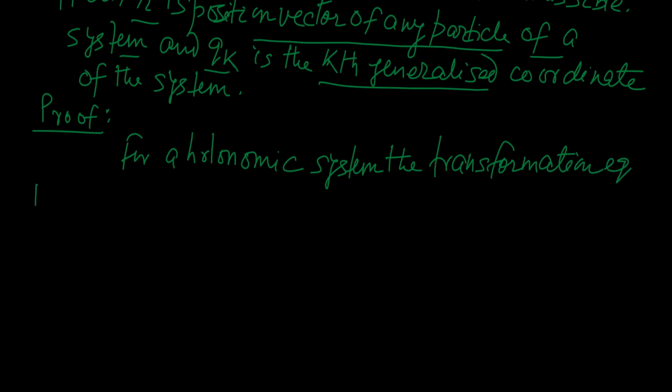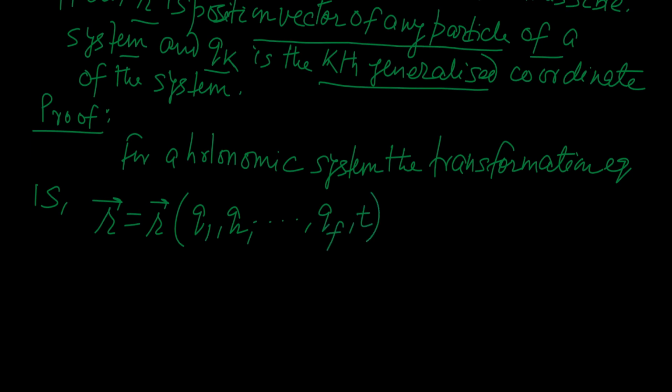We know r equals r of q1, q2, and so on up to qf, and t. Here q1, q2, q3 and so on up to qf are the generalized coordinates.